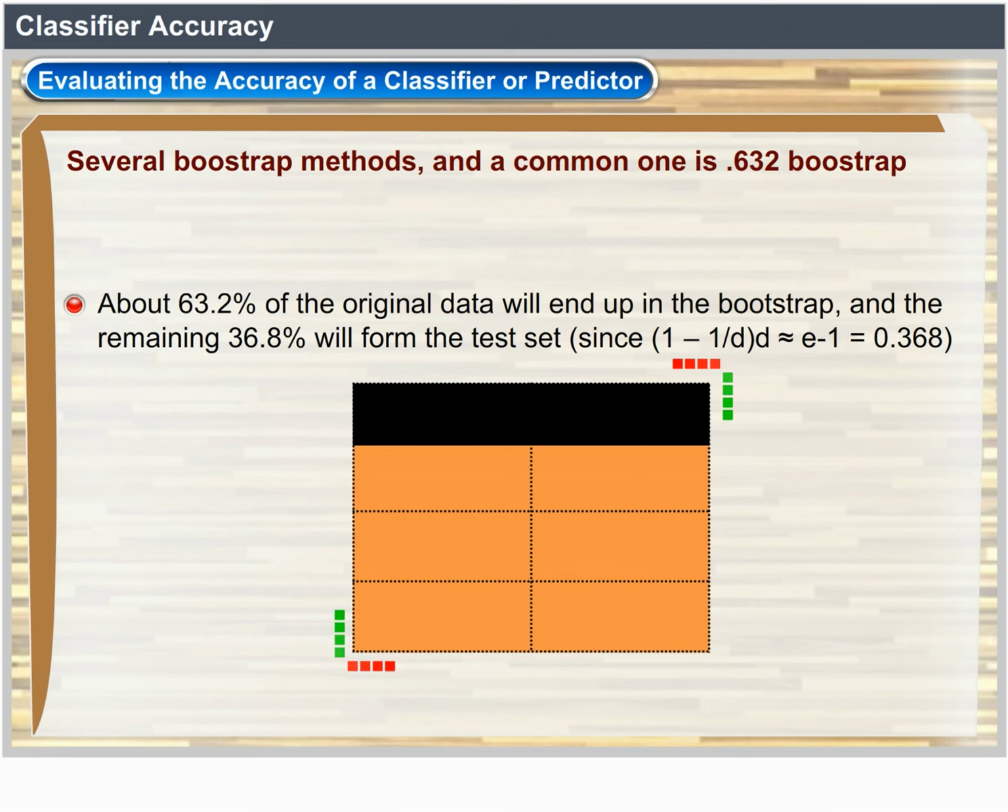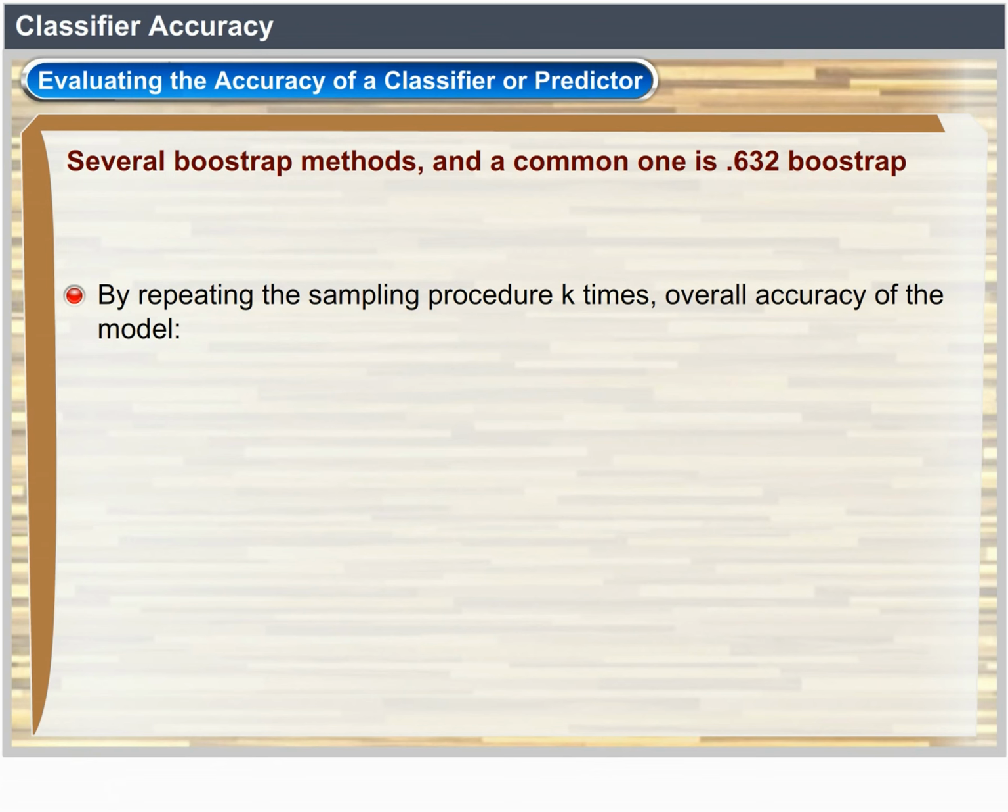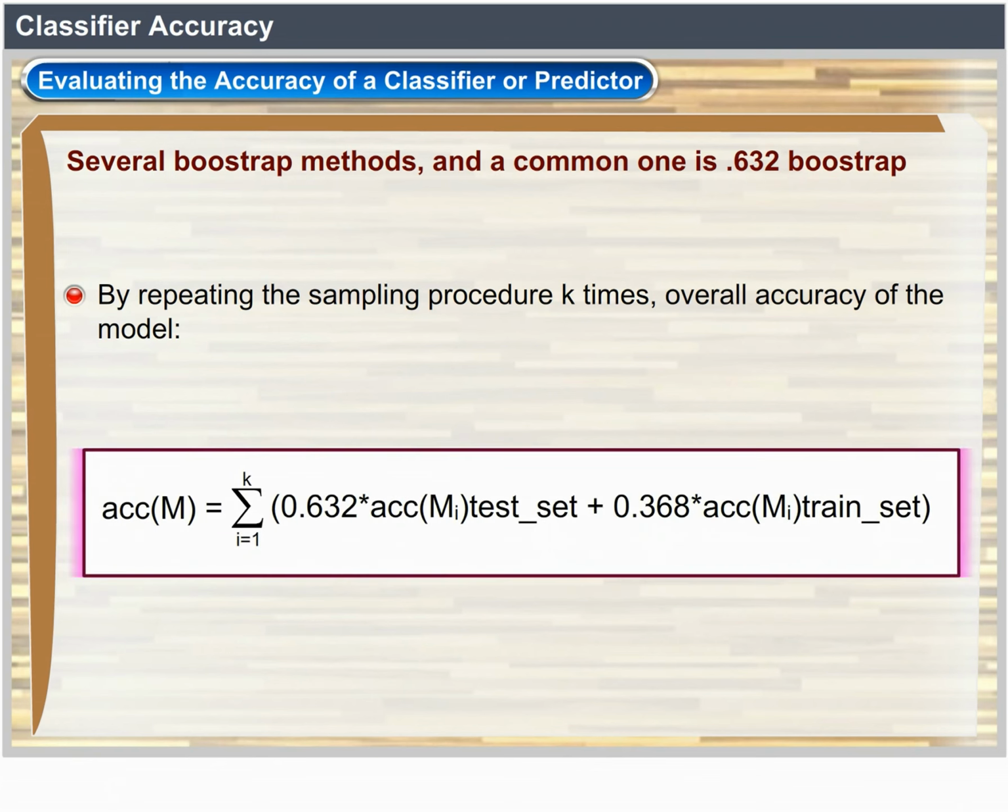Repeat the sampling procedure k times. Overall accuracy of the model: Acc(M) = summation from i equals 1 to k of (0.632 × Acc(Mi) test set + 0.368 × Acc(Mi) train set).